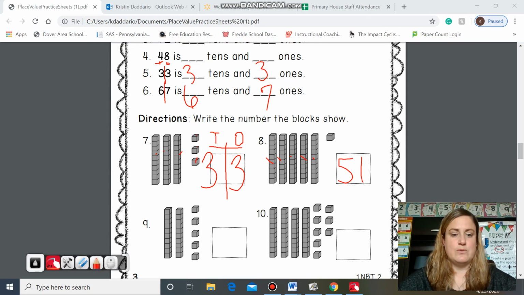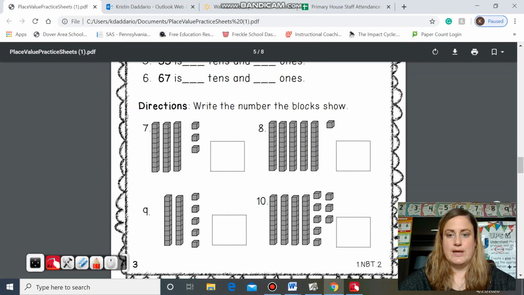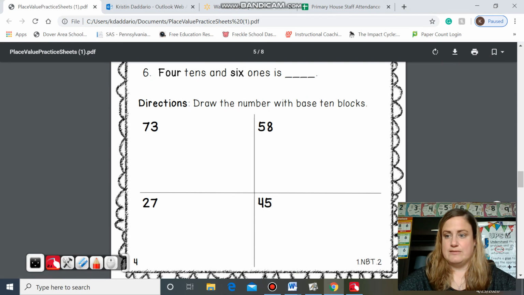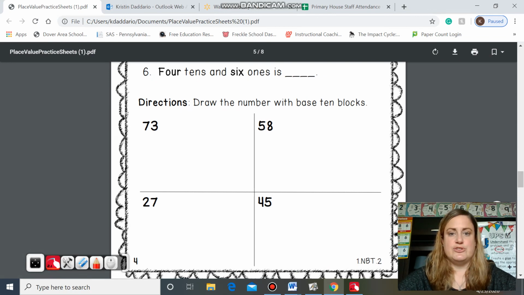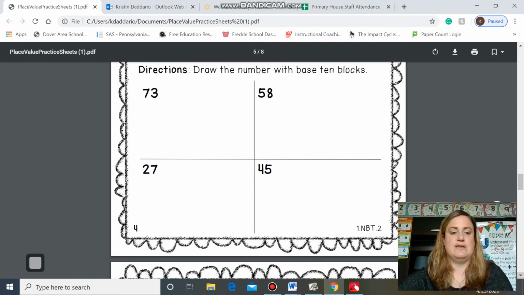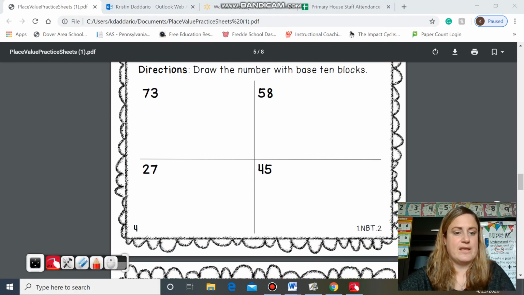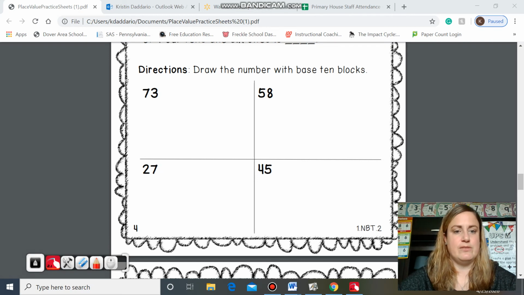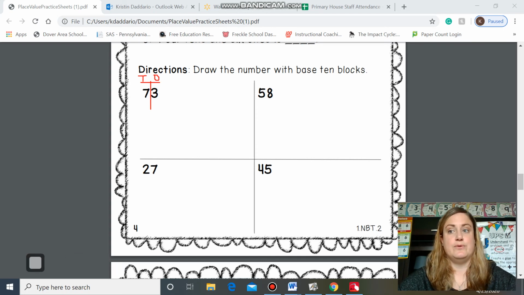And one last thing I want to show you as a review is drawing the blocks. I always just use straight lines for the tens and small cubes just because it's much faster. So if I have this number 73, again, draw my line, separate my tens and my ones, do that first right away, and that will help you.